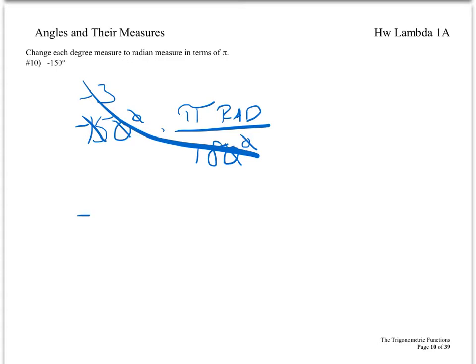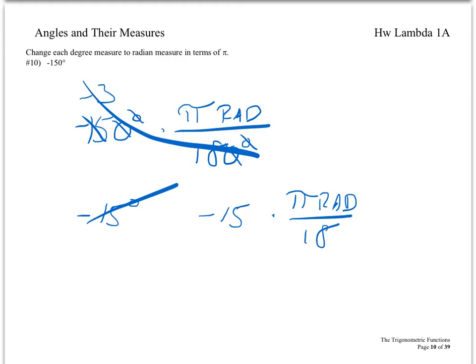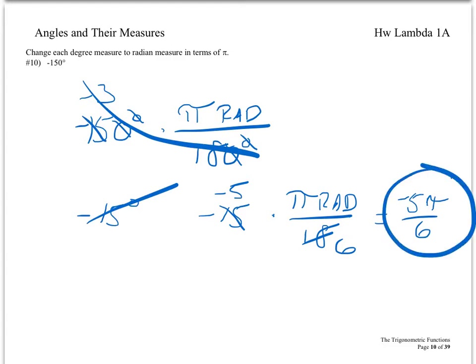Let me rewrite that. You can divide negative 15 and 18 both by 3 and get negative 5 over 6. So that's going to give us negative 5 pi over 6 radians.